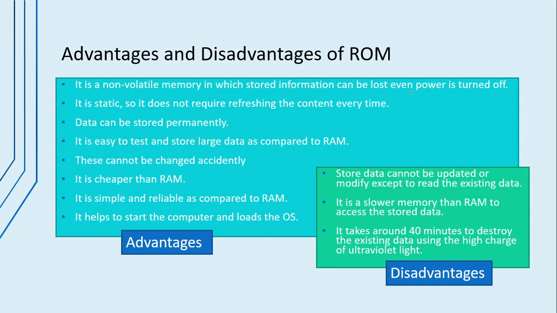Whenever you want to delete the data in ROM, in some types of ROM deletion is allowed, but it takes 40 minutes to destroy any kind of data. If by mistake you write wrong data on ROM and you want to delete it, then it takes more time compared to RAM. So these are the disadvantages.